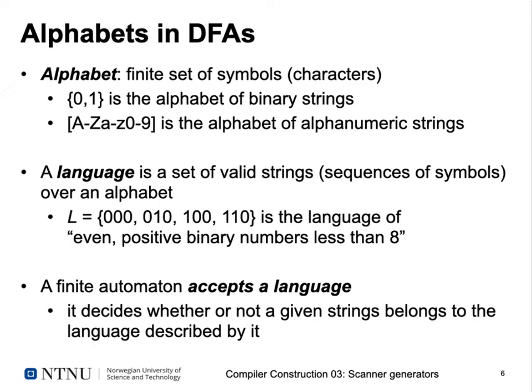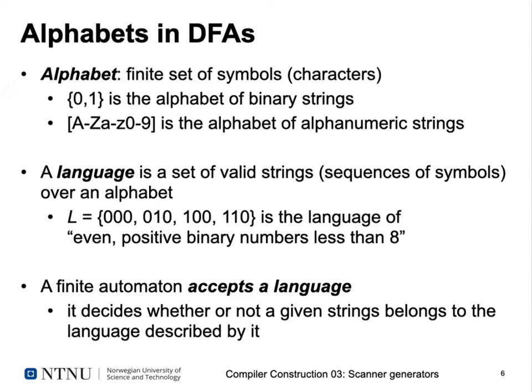This is the alphabet of binary strings with which you can build just any binary number you like of any length. You can have something else, like uppercase A to Z, lowercase a to z, and digits 0 to 9, which would be the alphabet of alphanumeric strings. For example, that might be a valid notation for variable names in some programming languages.